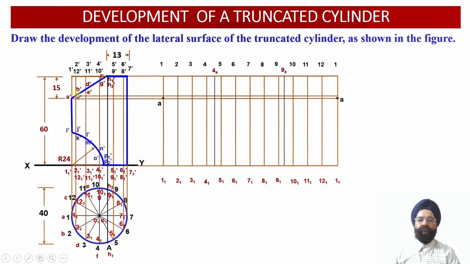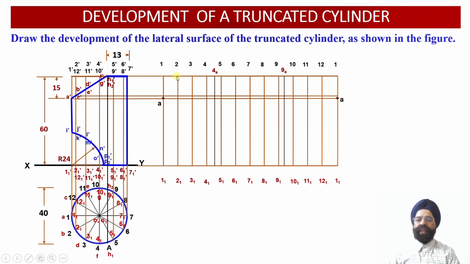So now once we draw horizontal projector through the points B dash and C dash into the development of the lateral surface of the cylinder, now we have to observe the point of intersection of this horizontal projector line with the vertical generator 2 2 1 and 12 12 1 over here.